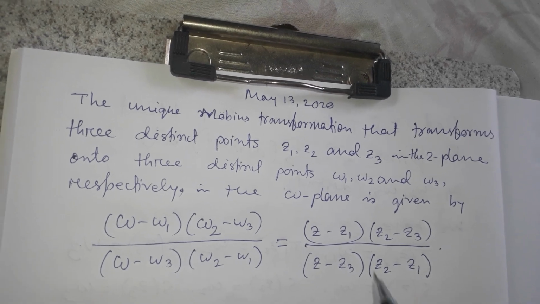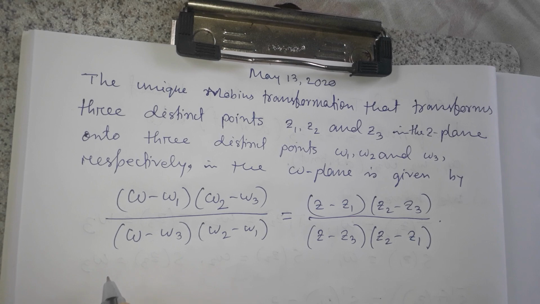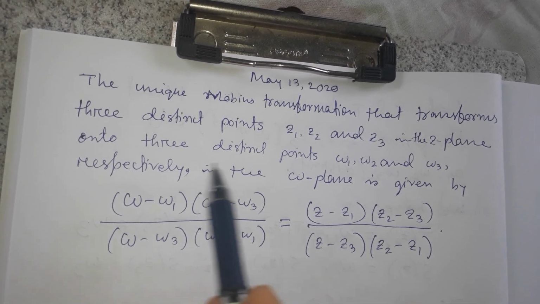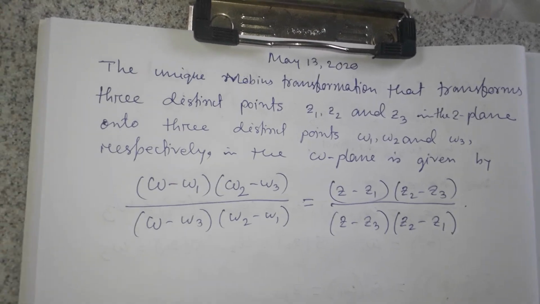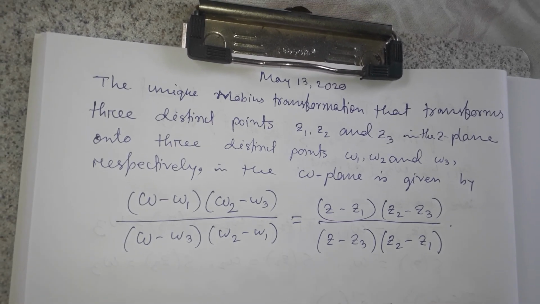Now if one of the points is, say, the point at infinity, say Z1 is infinity, then what would be the corresponding transformation? Actually this can be extended to the points at infinity also.